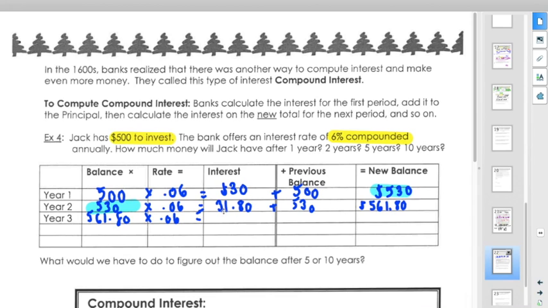That's going to be $33.71. Look at that. It keeps increasing your interest. So you're going to add that to your 561.80. So now your new balance is $595.51.